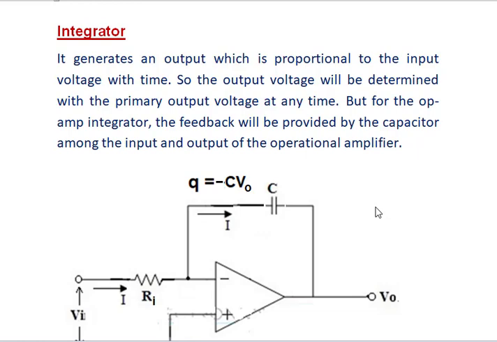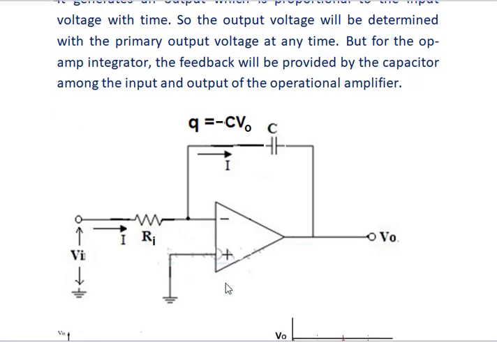We have already seen that feedback is given using a feedback resistor, but here the feedback resistor is replaced by the capacitor C, and the input resistor Ri is connected to the inverting input of the operational amplifier.